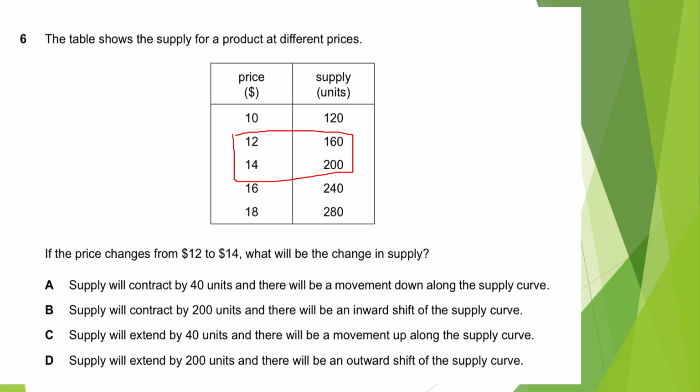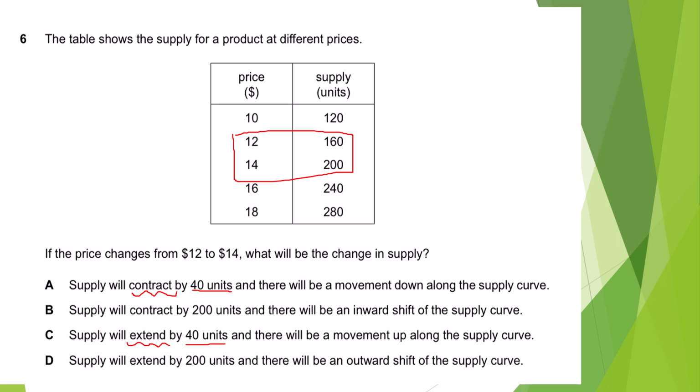So supply is going to change by 40 units, from 160 to 200. So 40 units here and 40 units are coming here, right?